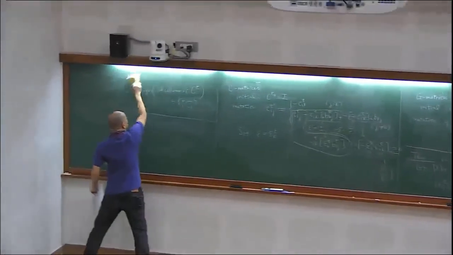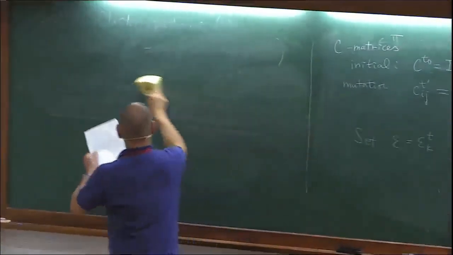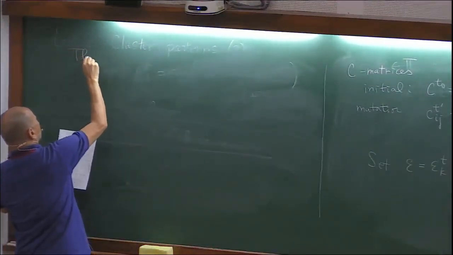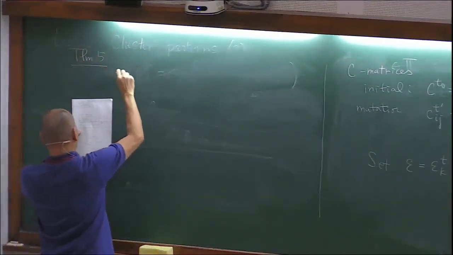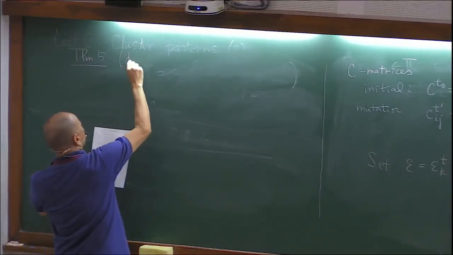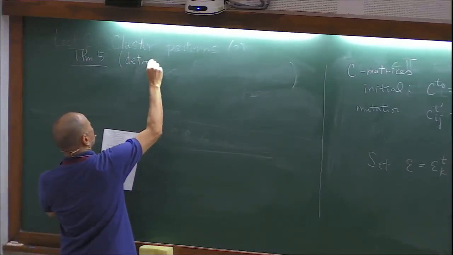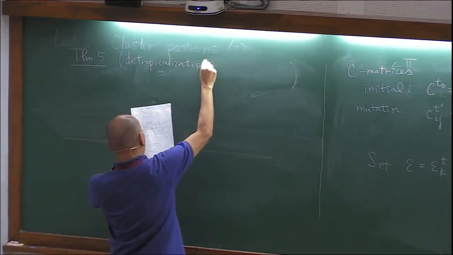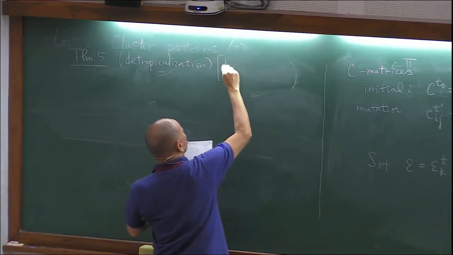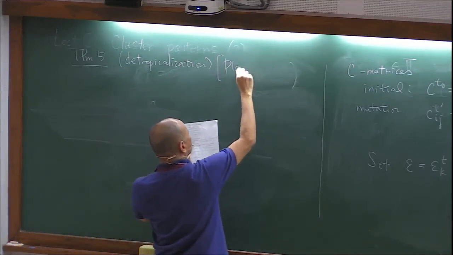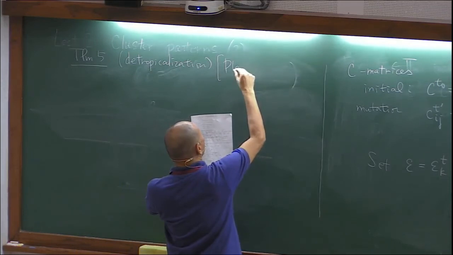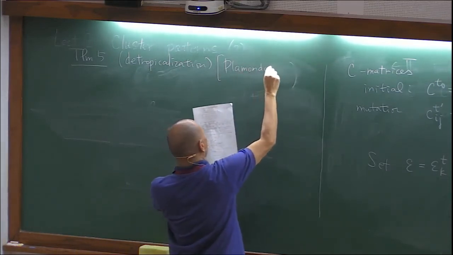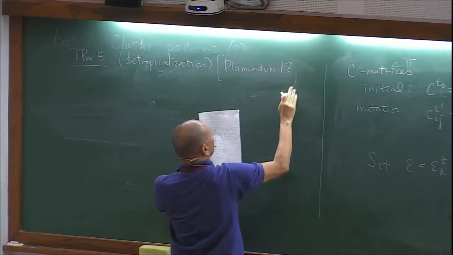I have already hinted at this at the beginning of my lecture, but the following result is recent. First, in the skew-symmetric case, this is a consequence of the result due to Plamondon by the method of categorification.